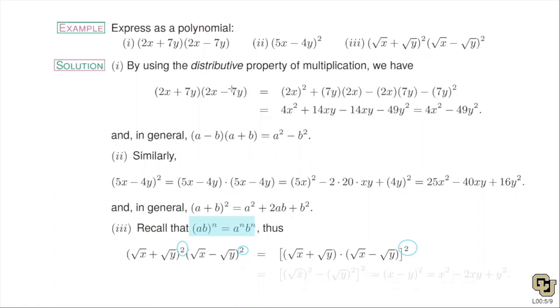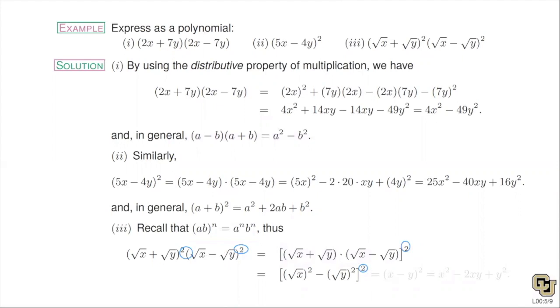Now we have to do this multiplication on the inside, which looks like this. If you look, it's a plus b times a minus b. So if I use the shortcut formula for that, that's a squared minus b squared. And then don't forget we had the square on the outside. This original square that we took out is still there.